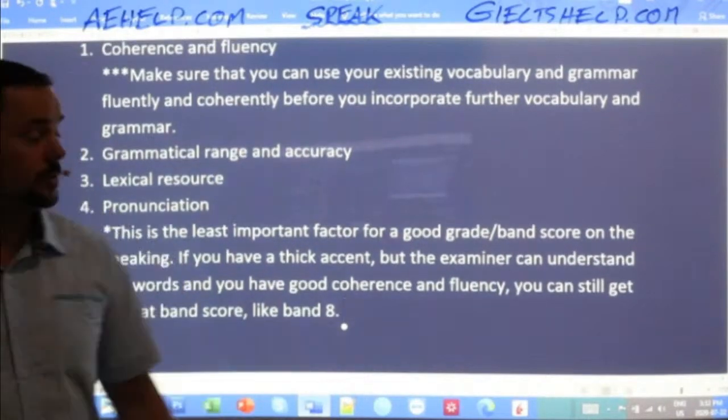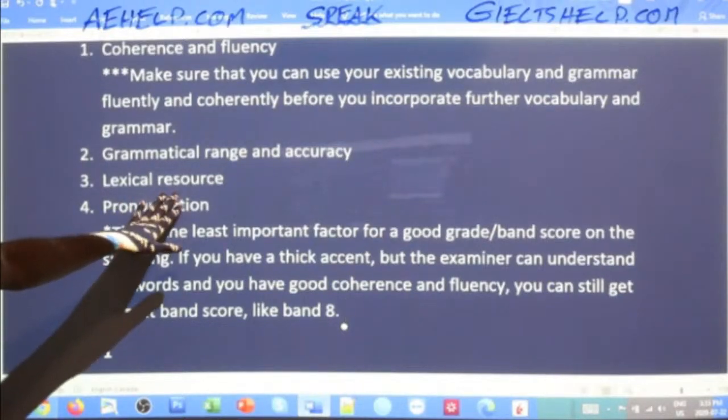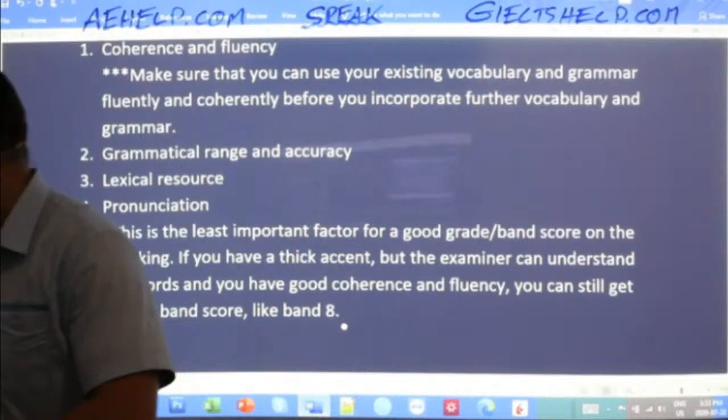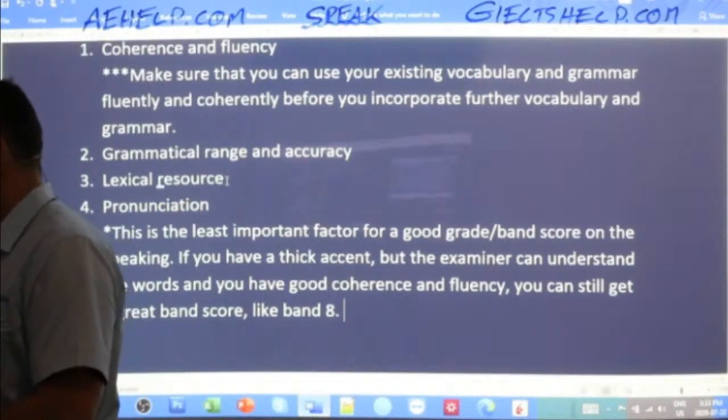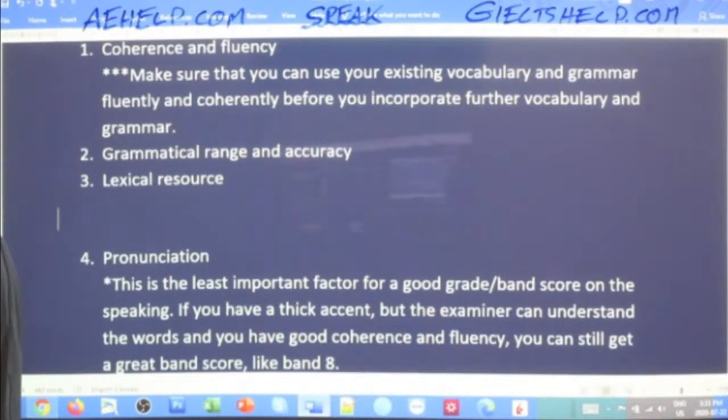Lexical resource, yes, it's important. You should always work on vocabulary. Okay, so lexical resource, you should always try to paraphrase. So it does matter. So choosing the right words is important.